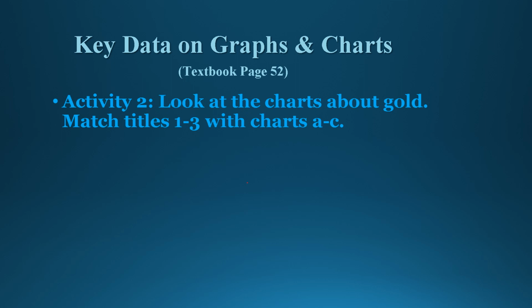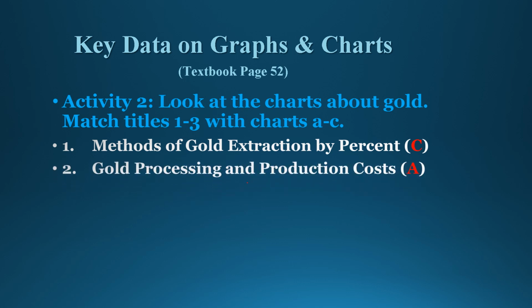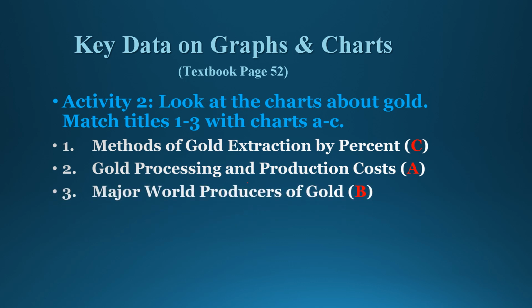Okay, here we go. Methods of extraction by percent, that's graph C, the pie graph. Gold processing and production is graph A, and major world producers is graph B.